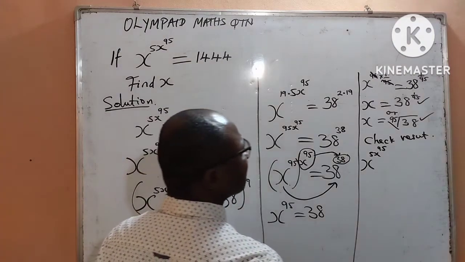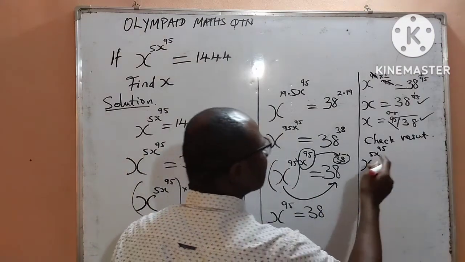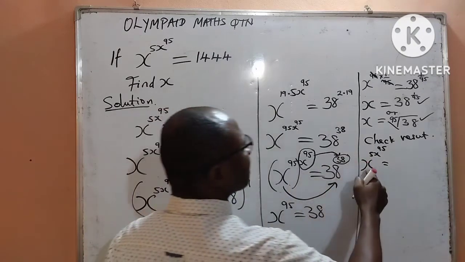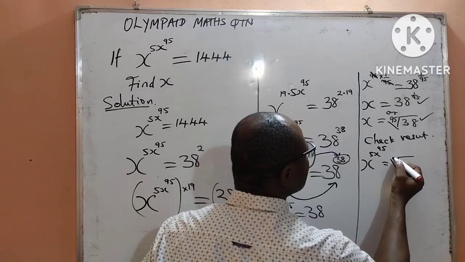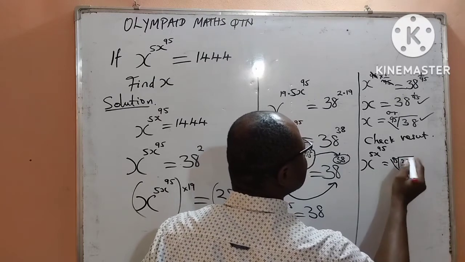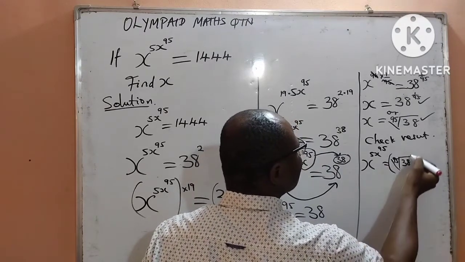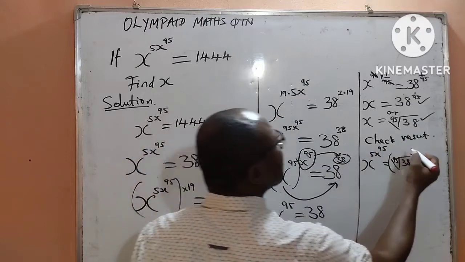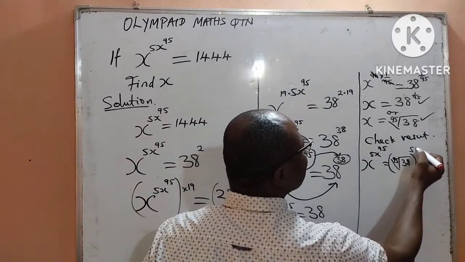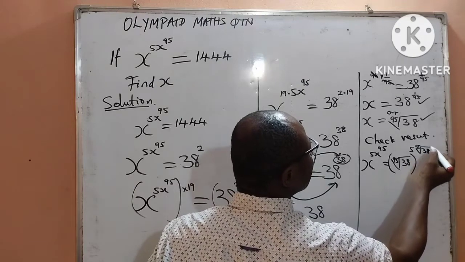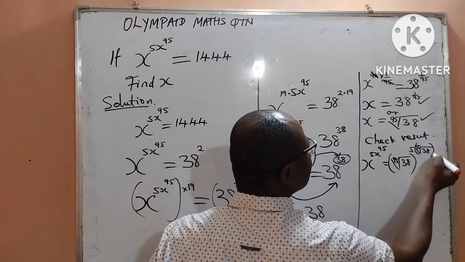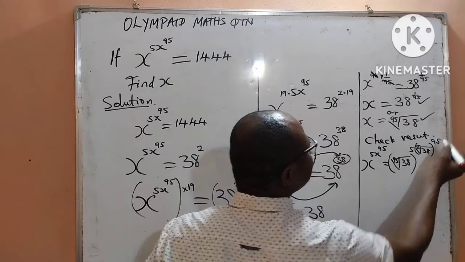So let us do that. Now, I am replacing x. That means the 95th root of 38, which is my value of x, is raised to power 5 multiplying the 95th root of 38, everything raised to power 95.